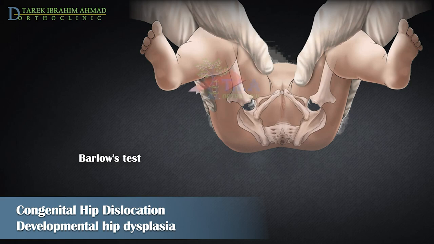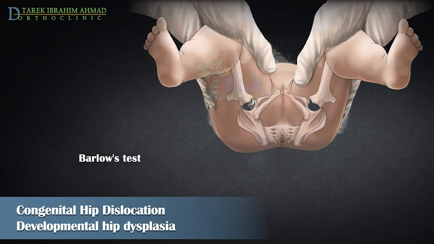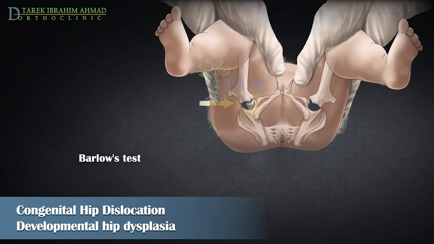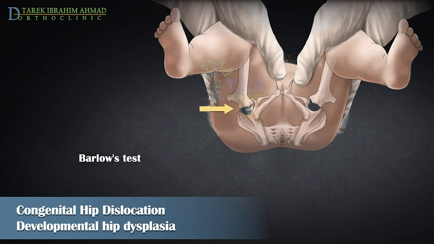In Barlow's test, the upper part of the femur is kept between the index and middle fingers, above the greater trochanter, and the thumb is kept in the inguinal region. Force is exerted by the child's knee vertically to the hip, in an effort to dislocate the femoral head from inside the acetabulum. If the joint is dislocated, a palpable clunk is noticed as the head slides out of its place.